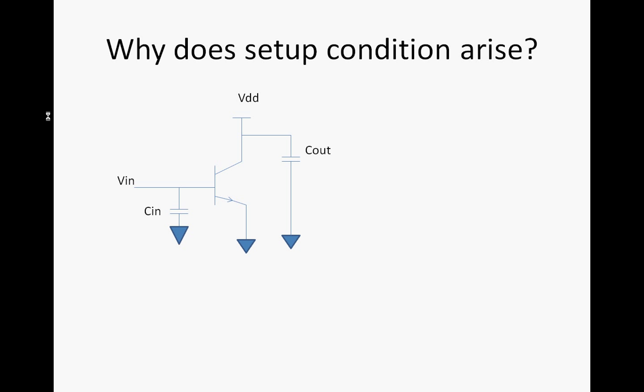Before answering these questions, let's understand why the setup condition arises. If you consider any transistor circuit, it would have an input capacitance as seen from the input terminals, and an output capacitance as seen from this side. Whenever I input a signal V in, suppose a DC voltage, the voltage would come and charge this input capacitance.